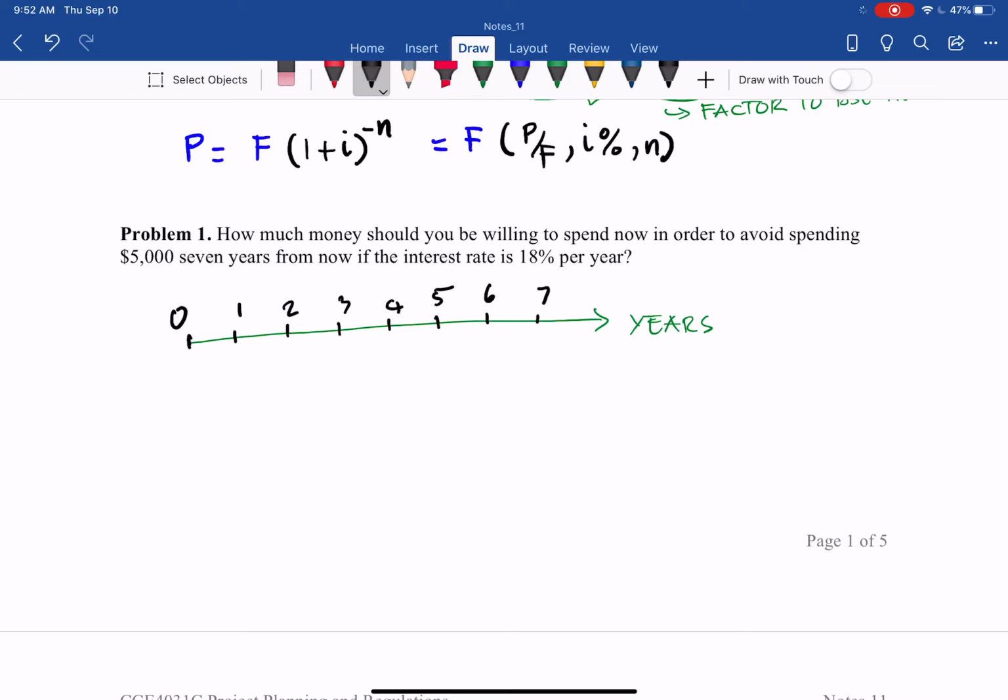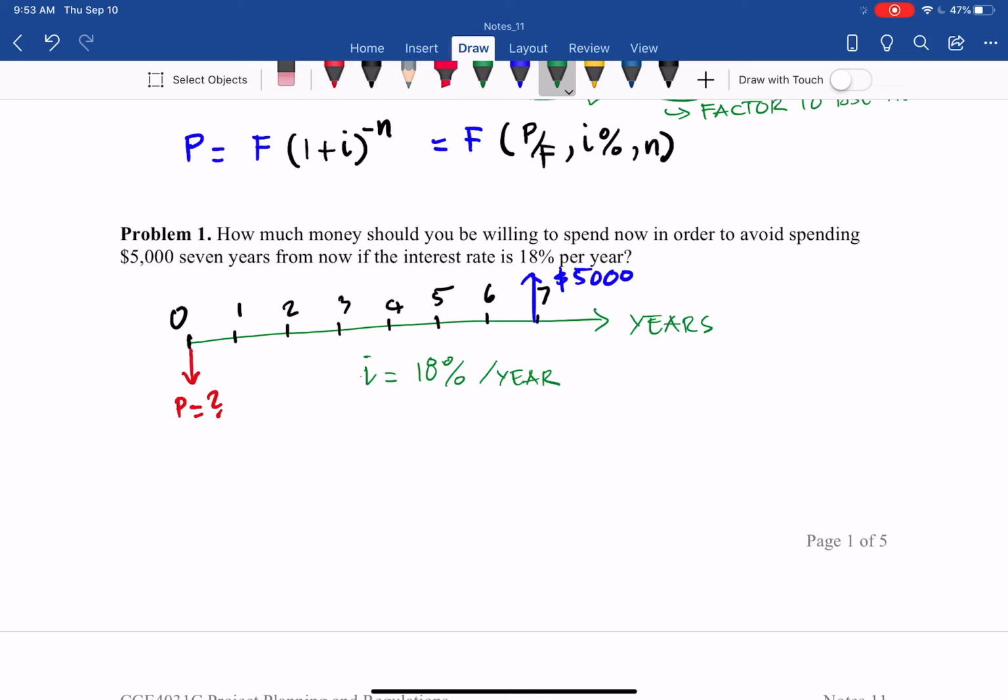To avoid spending 5,000 7 years from now. So as you can see, avoid spending means that you don't have to spend, so that goes up, 5,000 7 years from now. What is the amount you should spend now? That is P, the question asked. And with the interest of 18% per year.